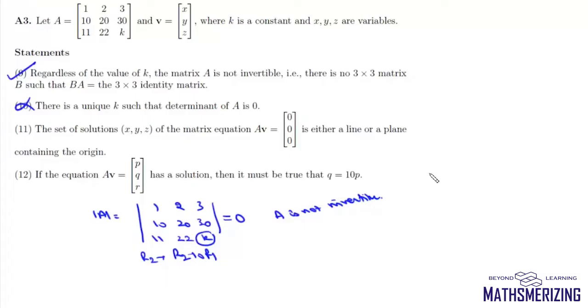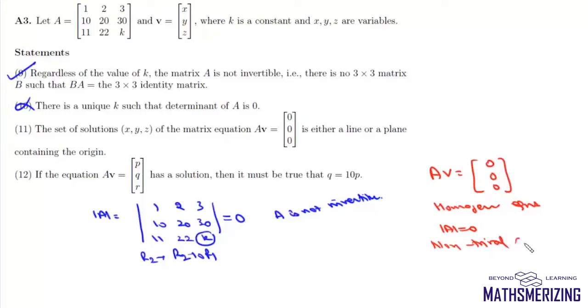Now the 11th one is, we are given this matrix equation AB equals 0, 0, 0. Basically it is a system of homogeneous equations, and in this case, determinant of A is equal to 0. So if determinant of A is equal to 0, that means it will have non-trivial solution or infinite solutions.